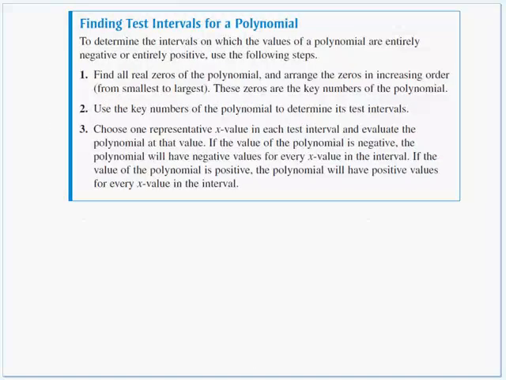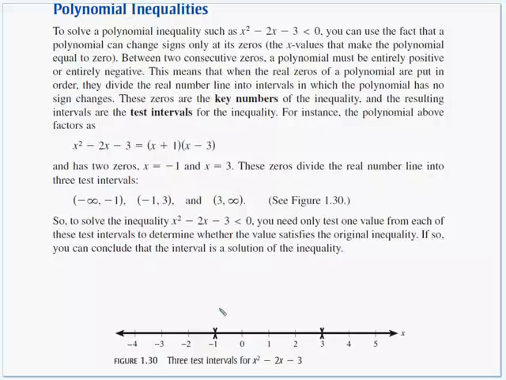Let's see what we got here. Here are the intervals, broken up. If I take 0 and plug it into the original inequality, x squared minus 2x minus 3, I get 0 squared, which is 0, minus 2 times 0, which is 0, minus 3.